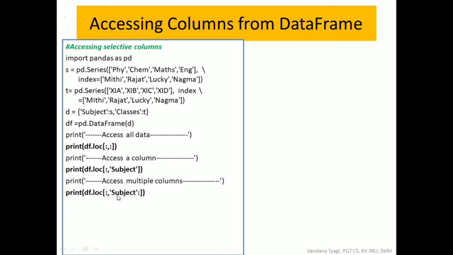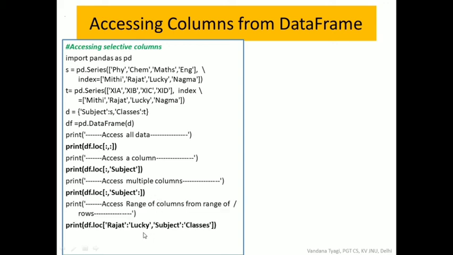Then multiple columns. So again you are writing the slicing operator from subject colon, we are not specifying any end value, that means from subject onwards all the columns. And when we want to access some of the rows and some of the columns, we write here from Rajat to Lucky all the data and from subject to classes all the columns.